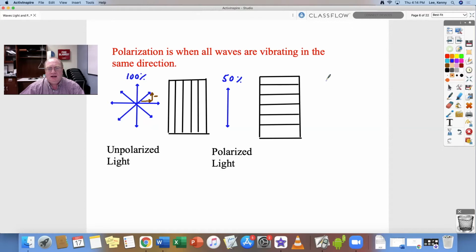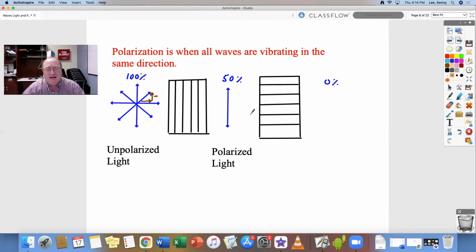Well, actually none of it will make it. So between these two polarizers, we can essentially block all the light. One single polarizer can only block 50% of the light, but two of them together can block all the light, because it'll block all the vertical and all the horizontal if you set them up at right angles to each other.